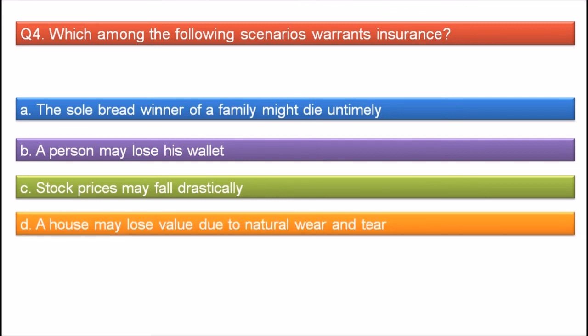A house may lose value due to natural wear and tear. You may confuse between A and D, but natural wear and tear, you cannot insure. If the sole breadwinner of a family might die untimely is the warrant, then answer A is correct.